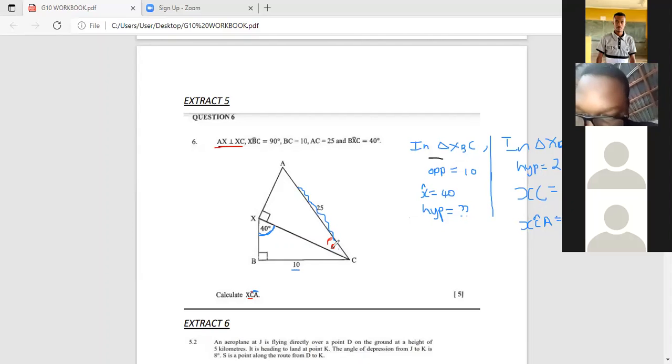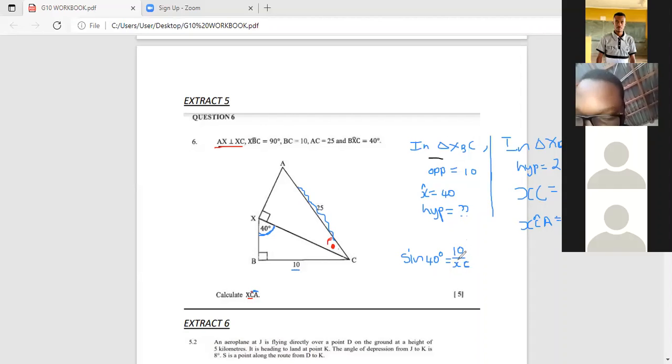So from here, I'm going to say that what I can find now is the hypotenuse, which is XC. I'm going to say sine of 40 degrees is equal to the opposite side, which is 10, over the hypotenuse, which is XC.